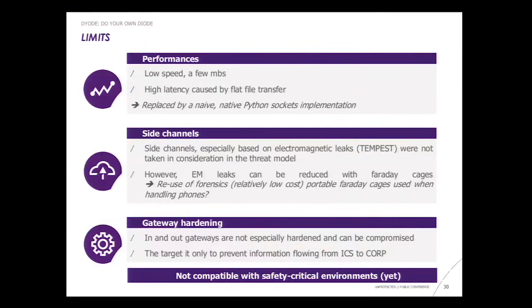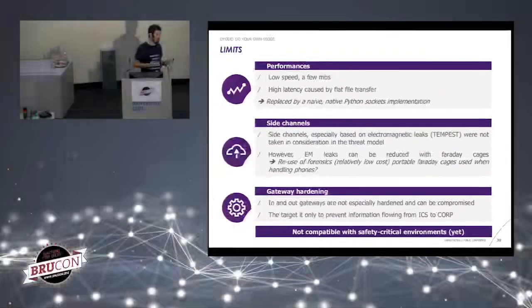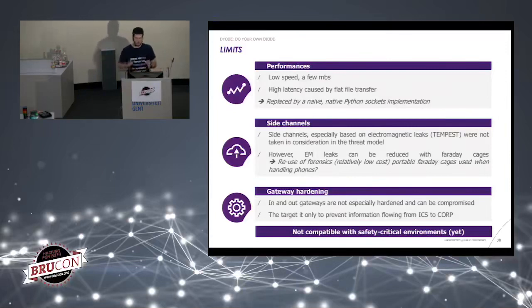Other very important thing, when we talk about data diodes, since it was mainly used in the defense sector, people always talk about side channels. So we did not do anything to prevent side channels, because that's not in our threat model. We want people to use that to make sure that a standard or a sophisticated attacker will not be able to compromise the process.